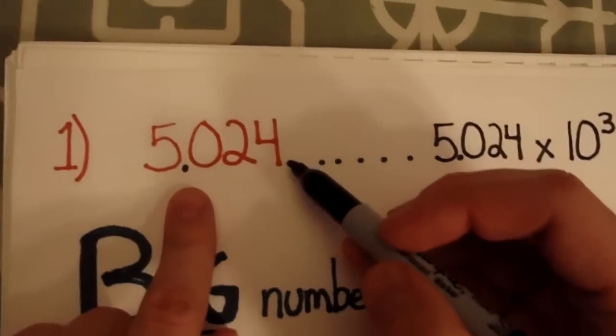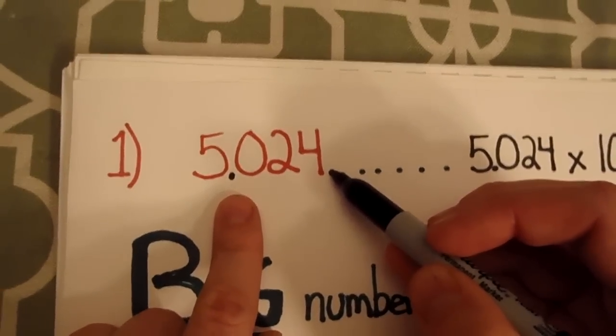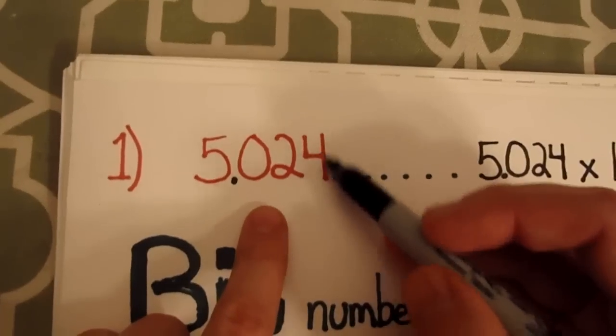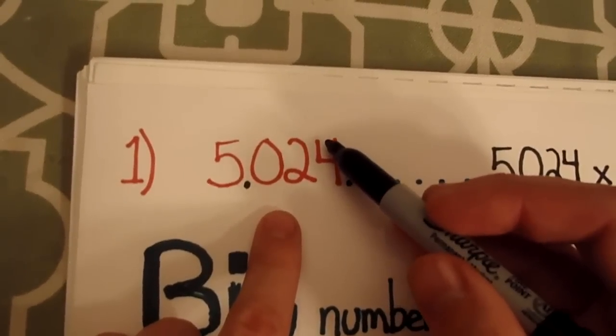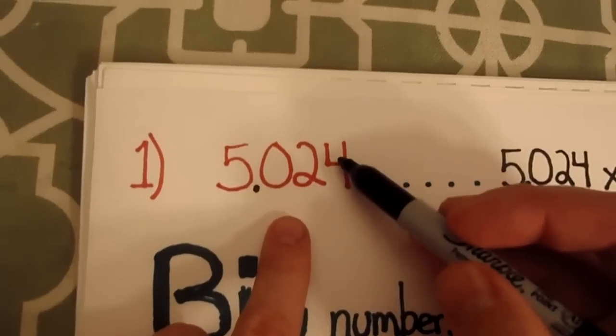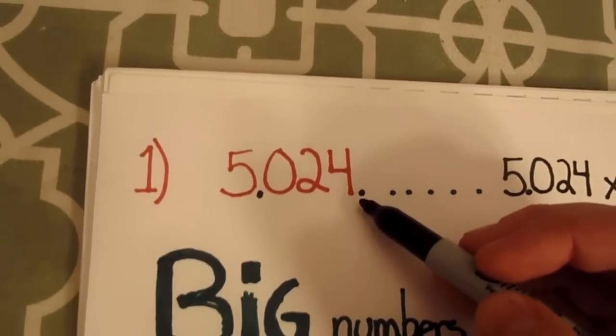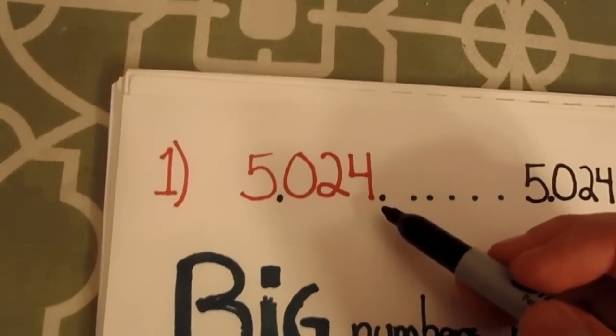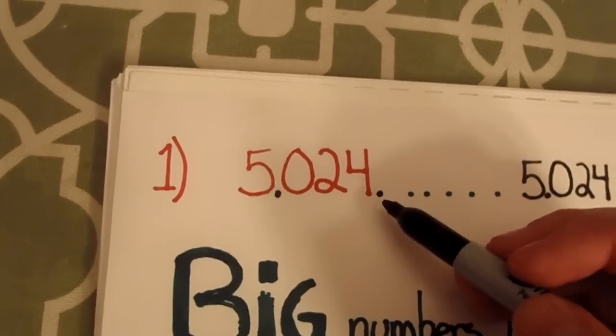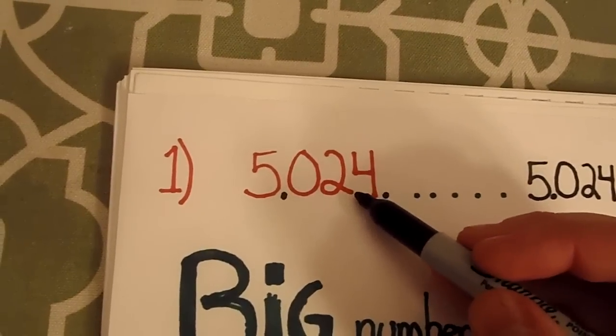Well, originally our decimal point started here, and each of these number holders here has a value of 10. So we're able to have 10 different things. We have 0, 1, 2, 3, 4, 5, 6, 7, 8, 9. Okay? So each of those holds 10 units.